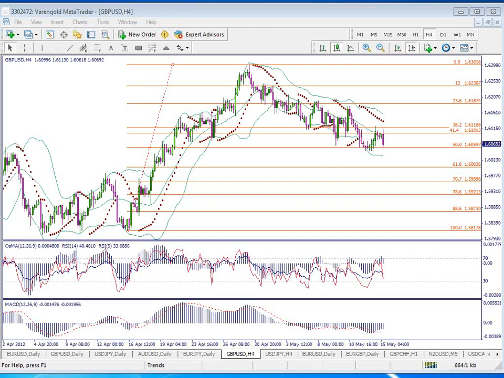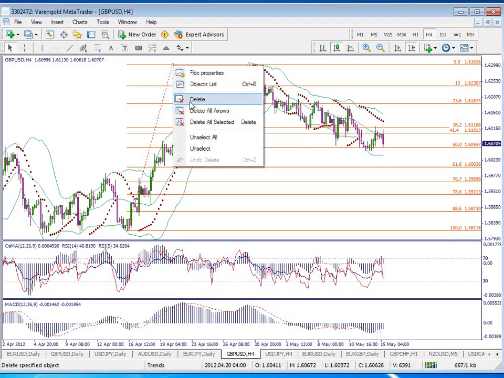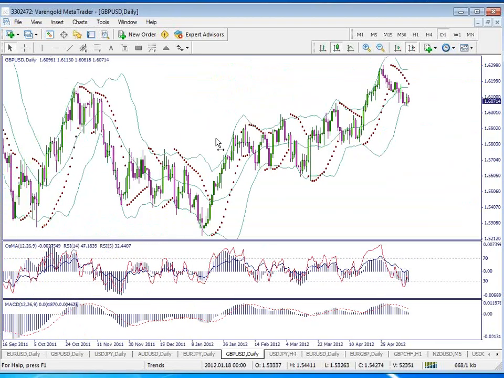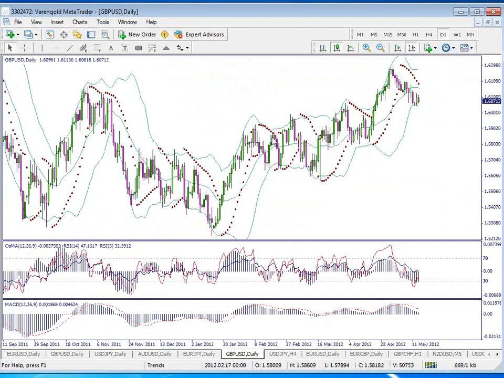It is right, I'm jumping from one time frame to another, but I'm using the higher time frames like daily just to see the big picture of the market.